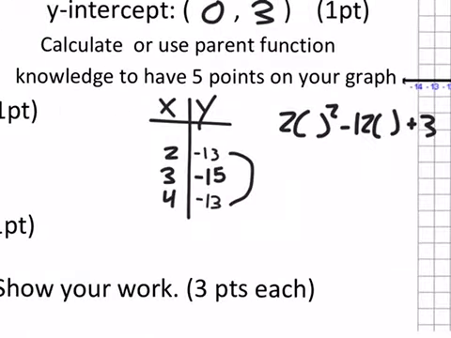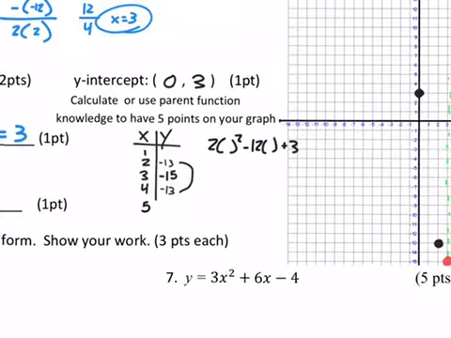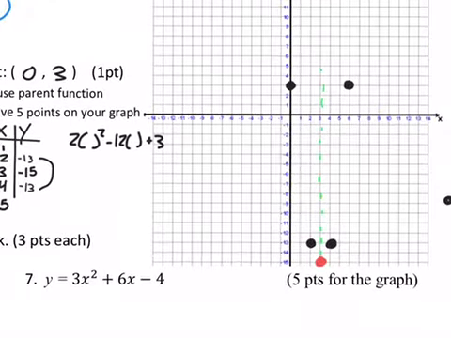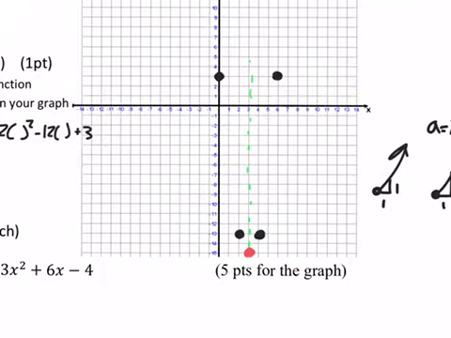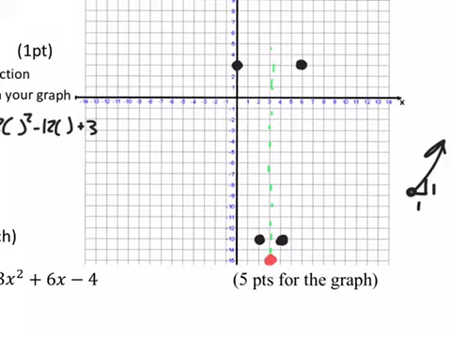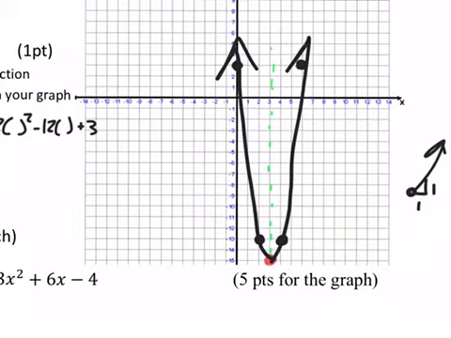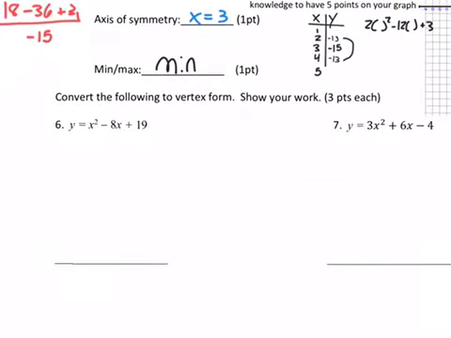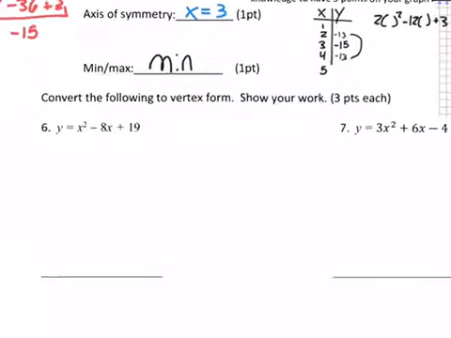So other points you could have done 1 and 5 if you wanted, any other points that you could calculate to find that would work. All right, and then we can get our parabola in there.